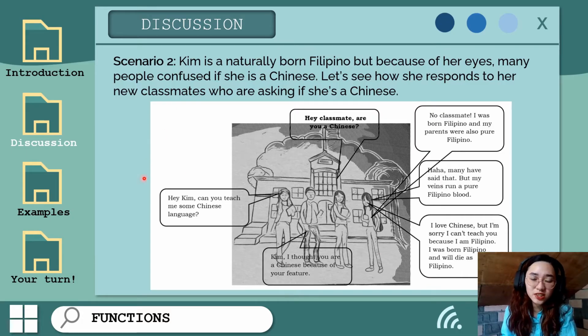So kung titingnan nyo dito sa scenario natin na to, our nationality also illustrates a function. Paano? Kasi kapag sinabi nating nationality, ito yung status natin kung saan tayo ipinanganak. This denotes your origin. Since pinanganak si Kim sa Pilipinas, she can never have multiple nationalities except Filipino.